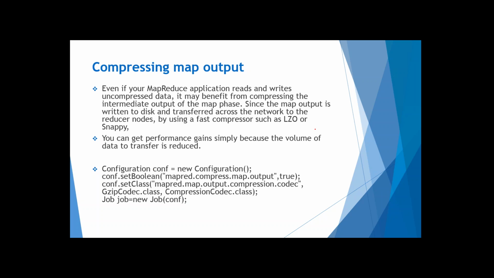In this stage, the suggested codecs are LZO and Snappy. I'll talk about all those things in some time. And this is how you can compress the mapper output: you just set compress mapper output to true and the codec which you want to use for compression. Here I am using GZip again.